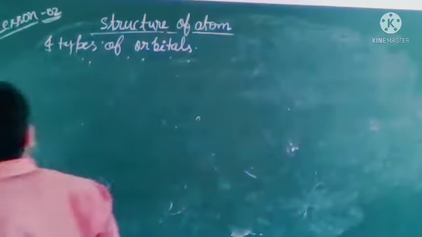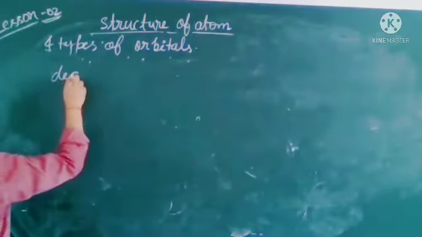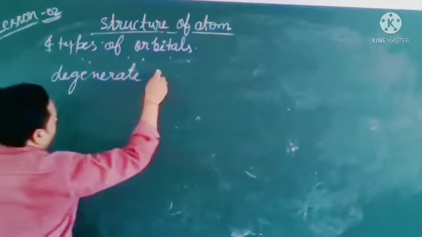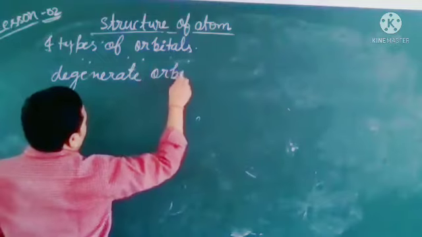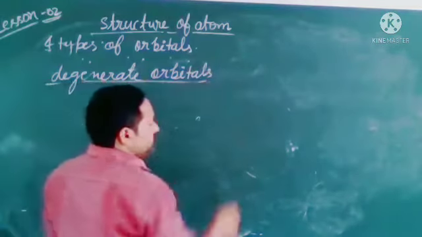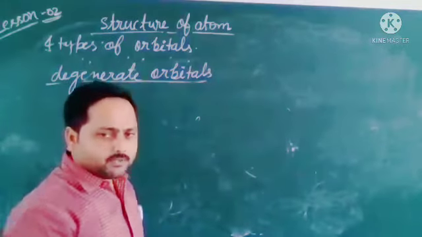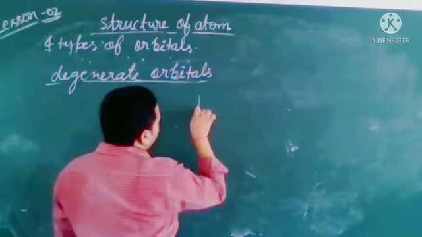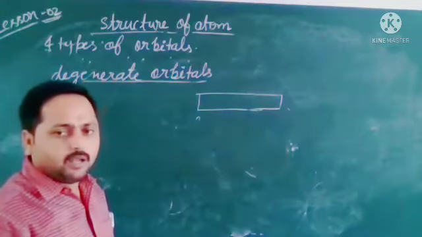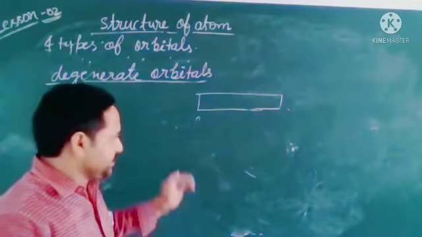Just look here: degenerate orbitals. I have shown you d orbital, s orbital, p orbital, everyone.